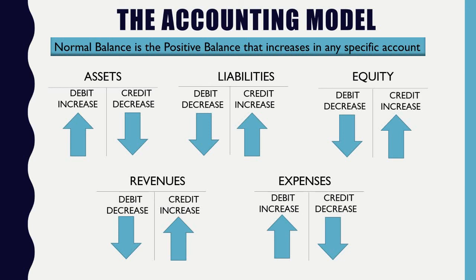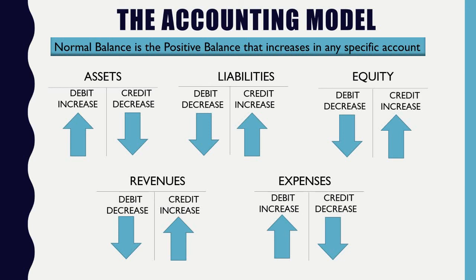So the definition of a normal balance is usually the side of the account that is positive, okay? Meaning the side that increases is going to be considered the normal balance.